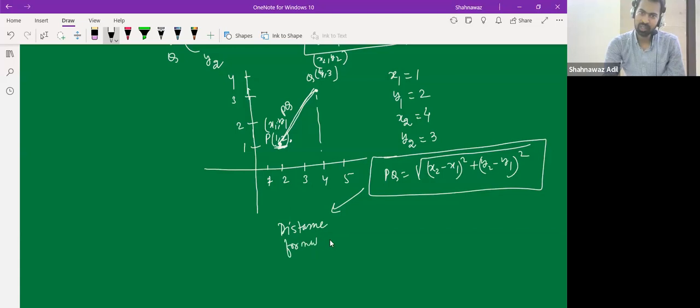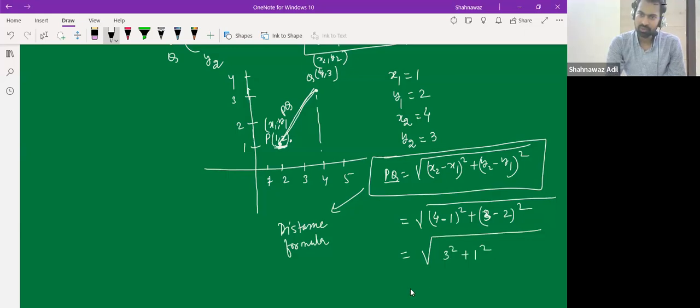We can calculate the distance PQ as: x2 is 4 minus x1 is 1, and y2 is 3 minus y1 is 2. So the distance between these 2 points would be root of 3 square plus 1 square, which is 9 plus 1. This is the distance between P and Q. Is this clear? Any doubt?